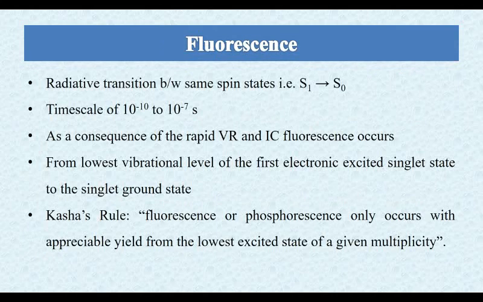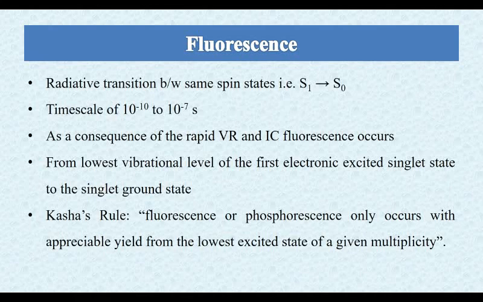Fluorescence. It is a radiative transition between the same spin state, S1 to S0, and its time scale is 10^-10 to 10^-7 seconds. Its time scale is very short, that's why it is very rapid.